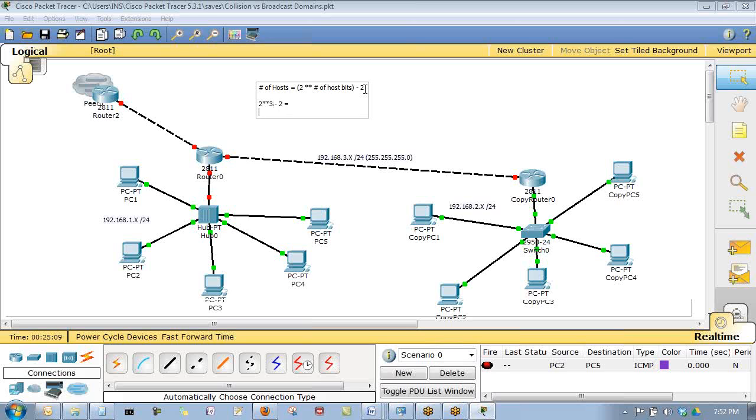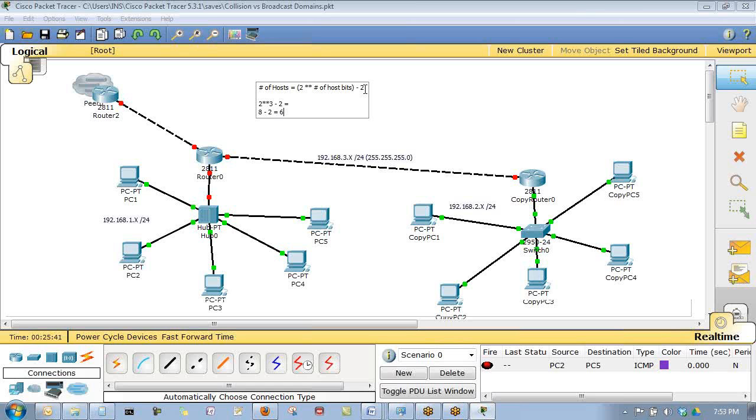What is 2 to the 3rd power? 8. So if I take 3 host bits, I'm only going to get 6 hosts. Now, we said we need 17 hosts, right? So how many bits am I going to need? How about if I take 4 host bits?